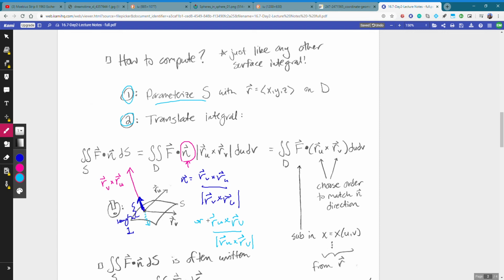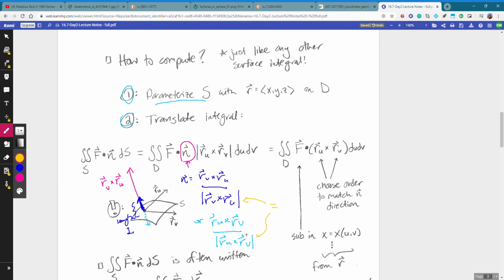But what I claim is that these two sizes of the cross products are the same. Just because if you take two vectors and you cross product them and flip them, it's the same length, just pointing a different direction.